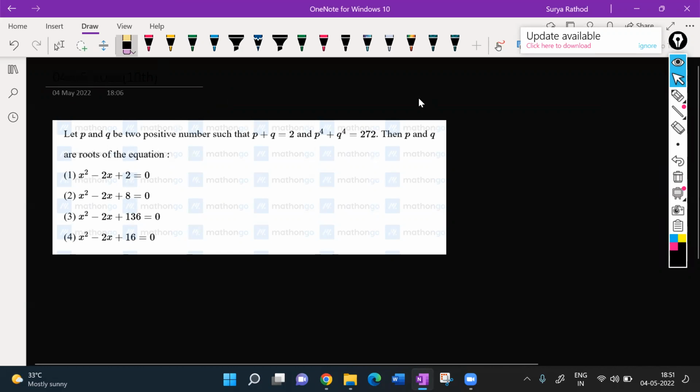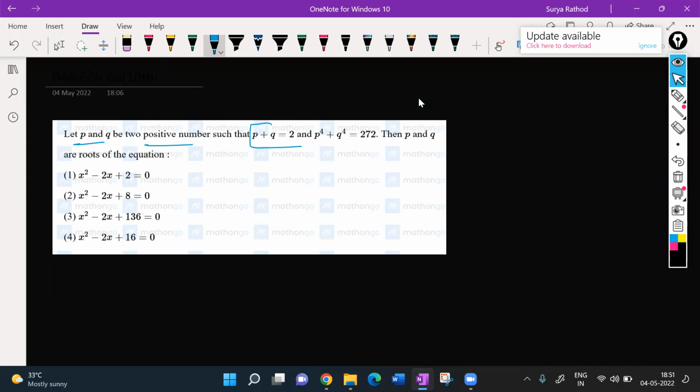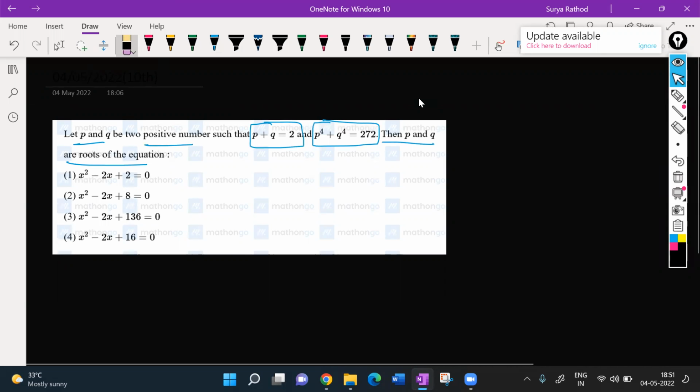Look at this here. What he has given here. P and Q are positive integers such that P plus Q is equal to 2. P to the power of 4 plus Q to the power of 4 is equal to 272. Then P and Q are the roots of which quadratic equation given to you.